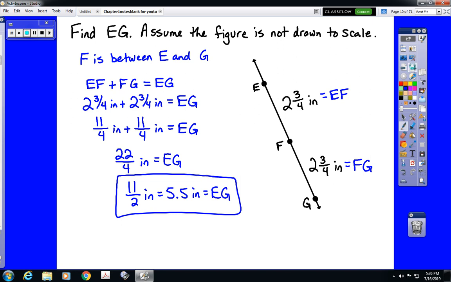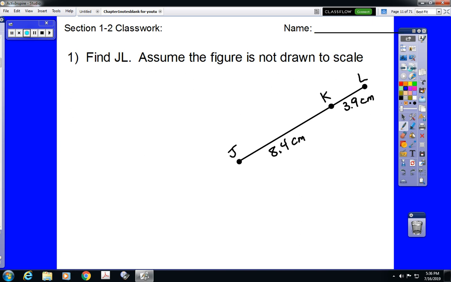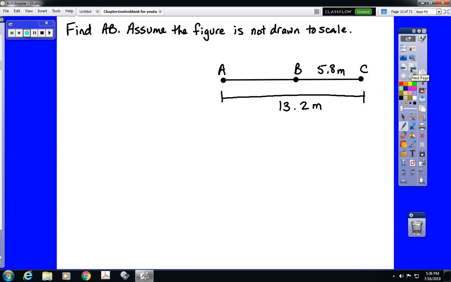We are going to skip over the classwork example and go to the next note example. Find AB, assume the figure is not drawn to scale. So again, notice some things are different here. Now we can still say B is between A and C, which means that AB plus BC equals AC.